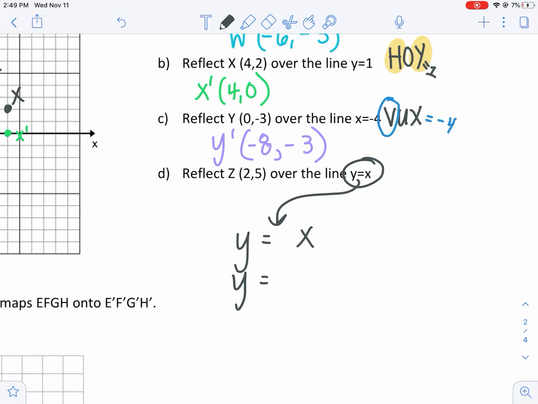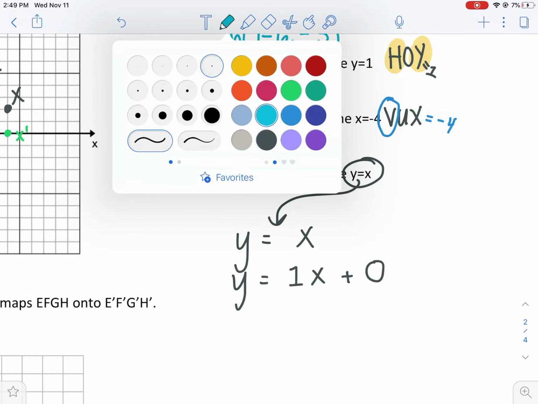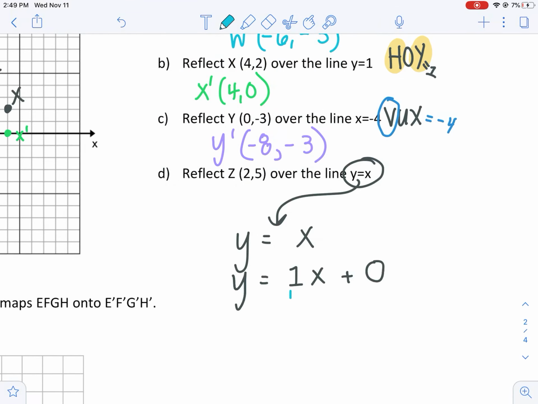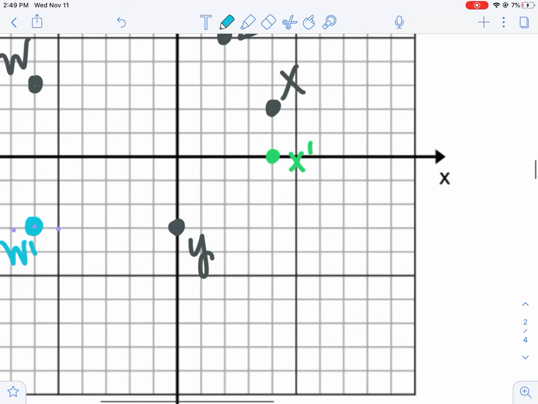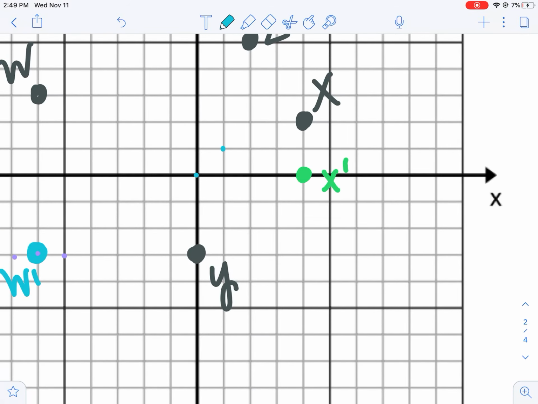This is y equals 1x plus 0, meaning this is in the form y equals mx plus b. Our m, which is our slope, is 1. Our b, which is our y-intercept, is 0. So that means I start at 0, I go up 1 and over 1. Rise 1, run 1.